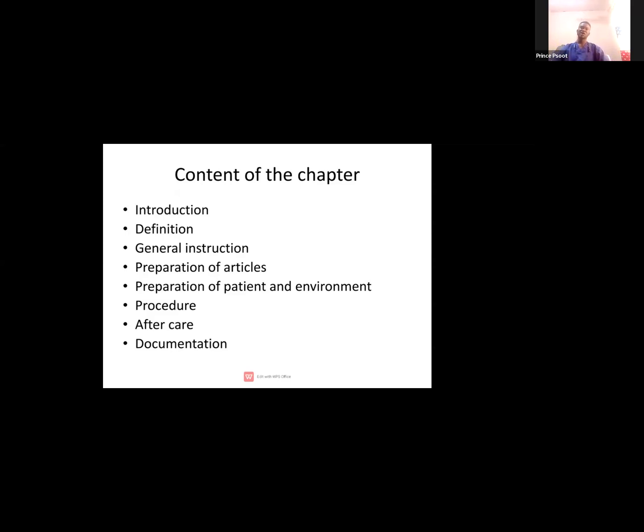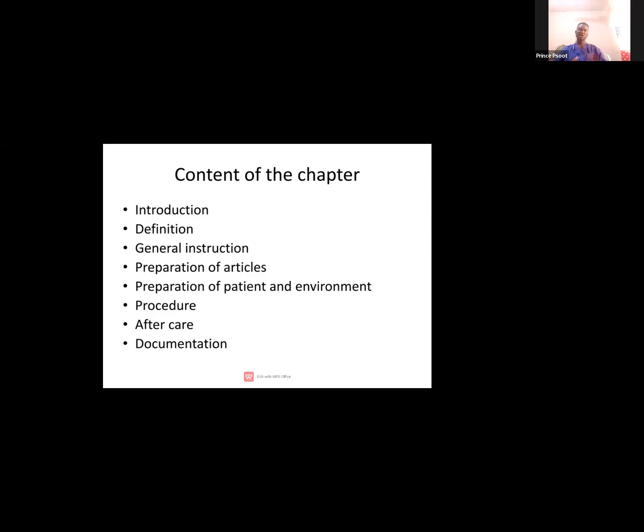There is always a technical know-how in performing most of these procedures because you must be taught how to do a wound dressing. If you don't know and you don't follow the due procedure, you end up discovering that you either cause more harm than good, or you infect the injury, or so many things are liable to occur. Then we have aftercare, which we also discuss.